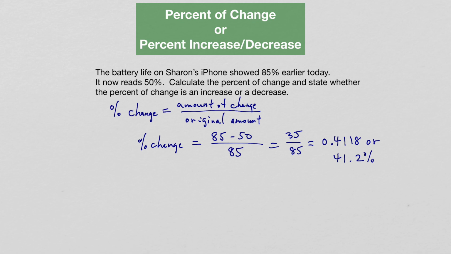Okay, so we've calculated the percent of change to be 41.2%. So now we need to state whether this is an increase or decrease. The battery power was at 85% and it went down to 50%. So therefore, this is a decrease. So this becomes 41.2% decrease.